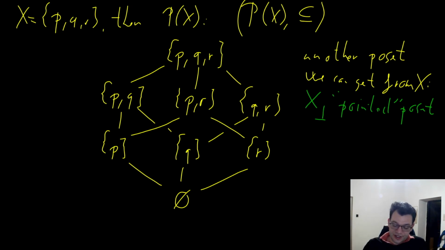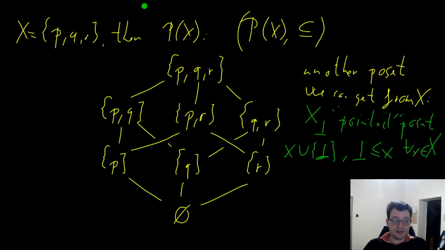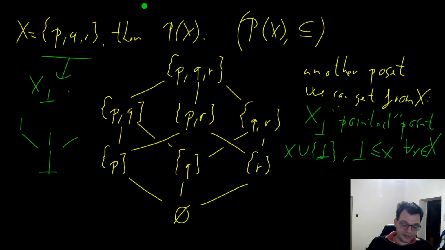So it's just the union of X and the bottom element, with bottom being smaller than or equal to x for all elements x of X. And of course it's also smaller than or equal to itself. So for example, when again X equals {p,q,r}, then X with bottom is just the bottom and p, q, and r here. So it's a 4-element poset in that case.